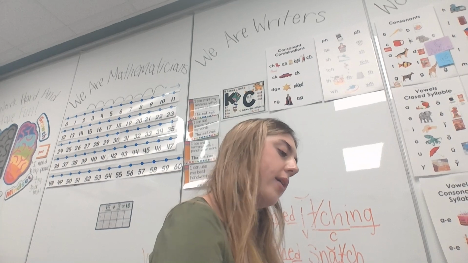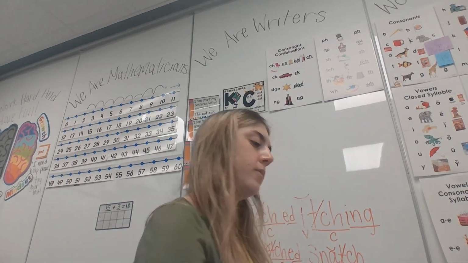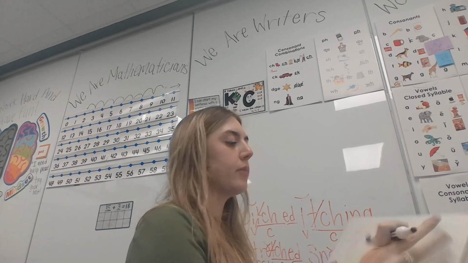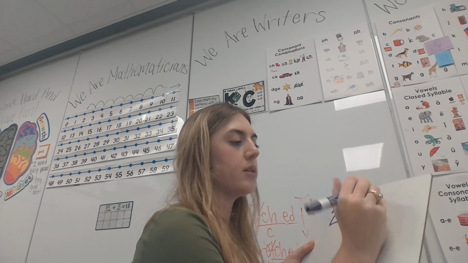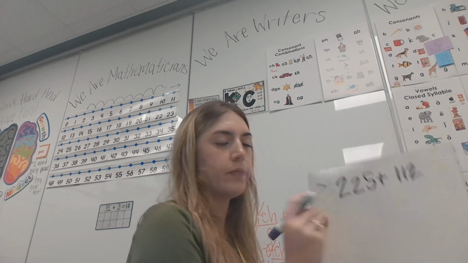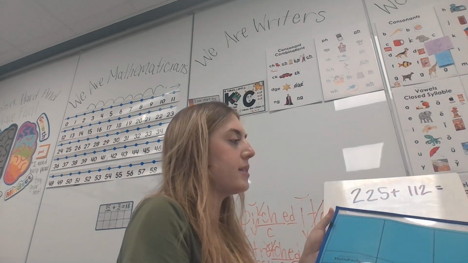I can do the same thing if I were to have the hundreds place involved. I could have the number 225 plus 112, and I can do the same. Okay, I see 225.